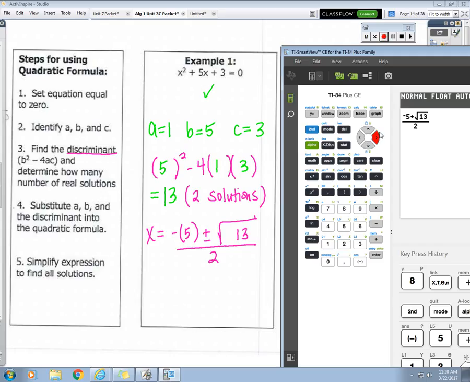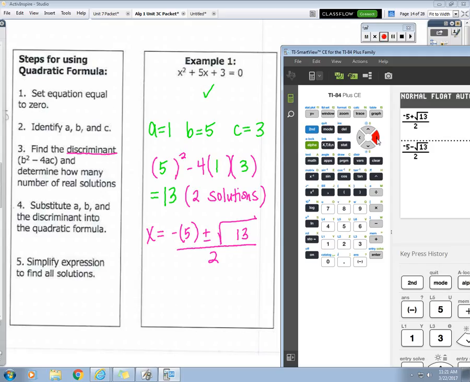Well, I can't do it at the same time. So look, the first time I put a plus. Now watch. I'm going to go up to it and highlight it. See how I highlighted it? And I hit enter and it just copies it. And so now all I got to do is go back and cover up that plus with a minus. You use the up arrow, and once it's highlighted, you hit enter and it copies and pastes at the same time.